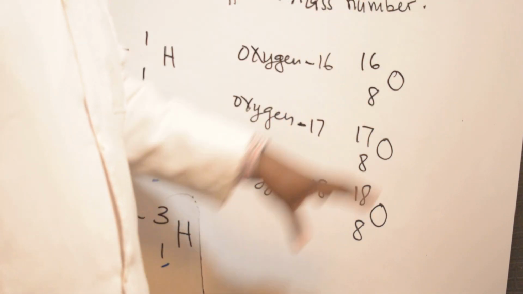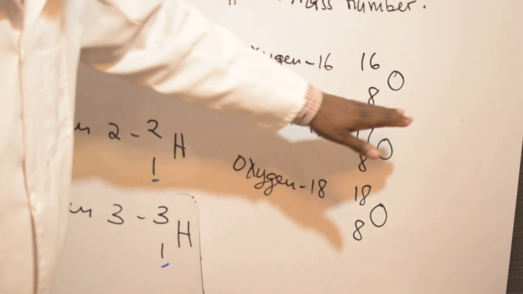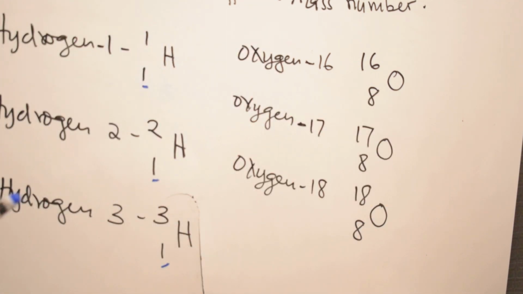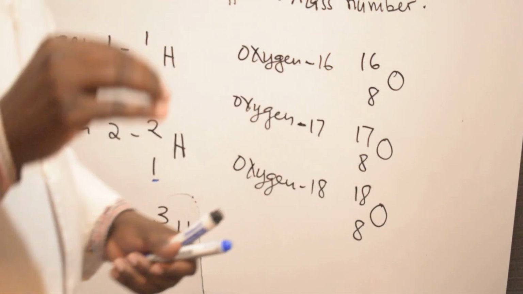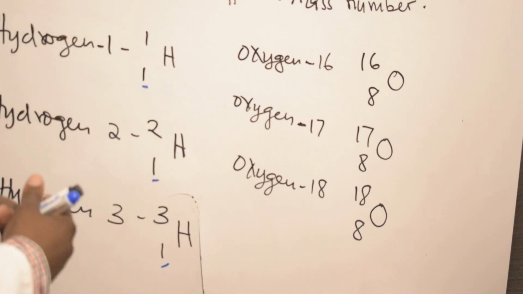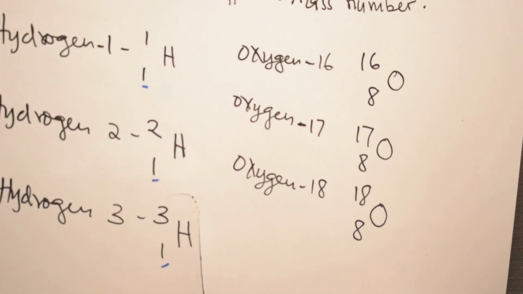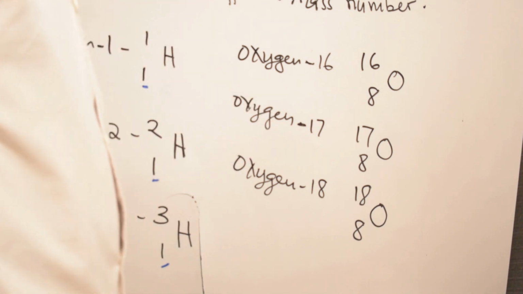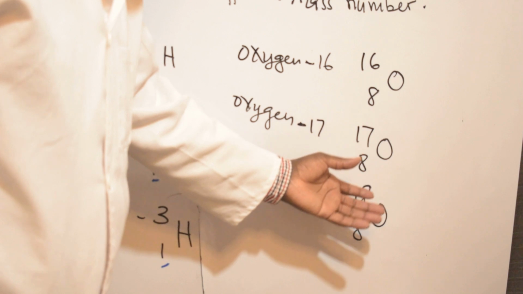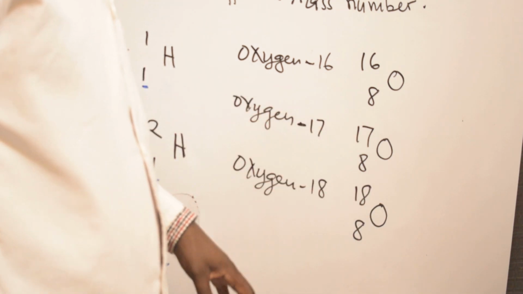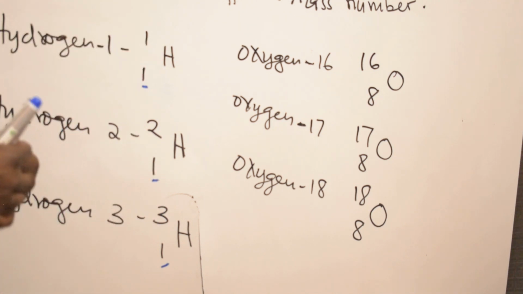If I'm given these percentage abundances, or the ratio in which these 3 isotopes exist, then I can work out the average mass, or atomic mass, of these isotopes. This is what we can refer to as the atomic mass of that particular element, by working out the average mass of an atom.